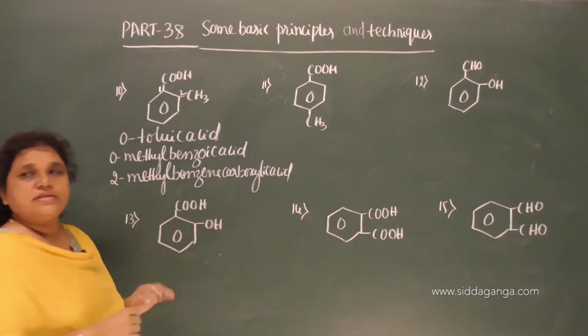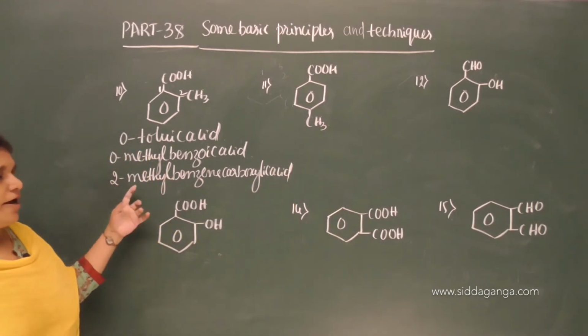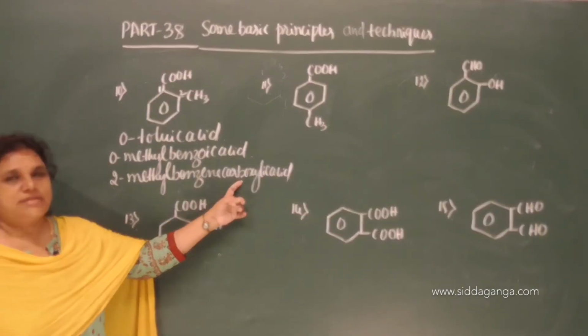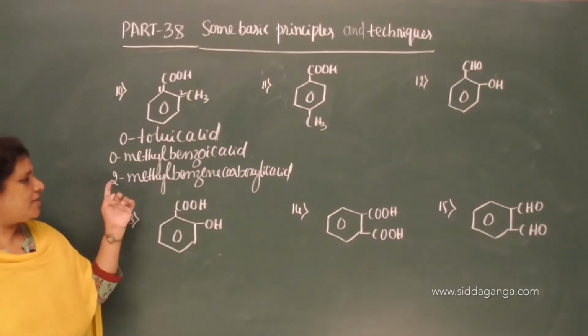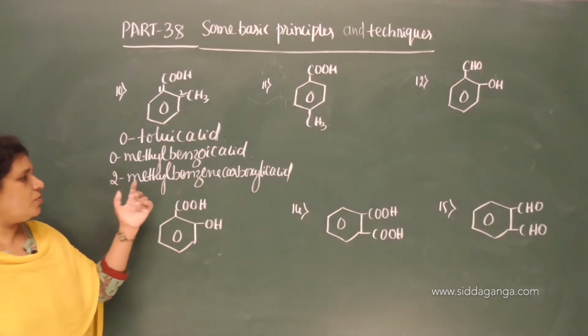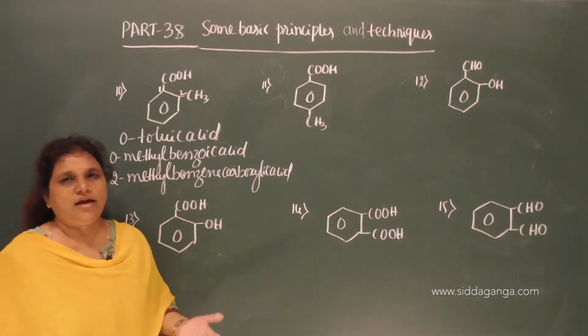2-methyl benzene carboxylic acid is the IUPAC name, or you can retain benzoic acid here. You can also write it as 2-methyl benzoic acid, or as 2-methyl benzene carboxylic acid.